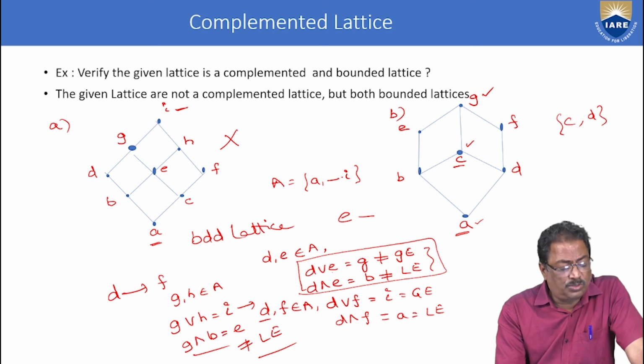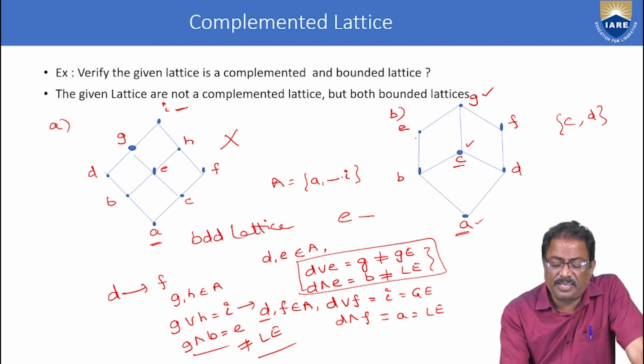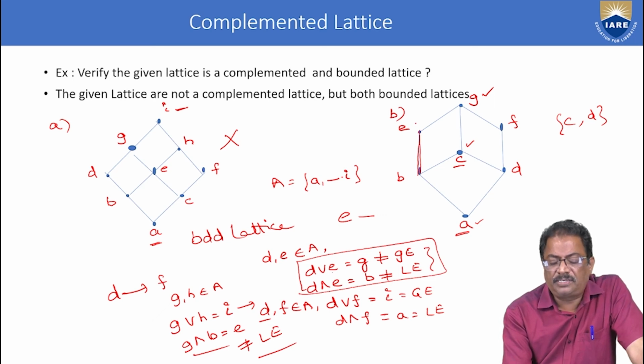And here if I am taking, let us say, B, E. What is the least upper bound? The least upper bound is E, which is not the greatest element.